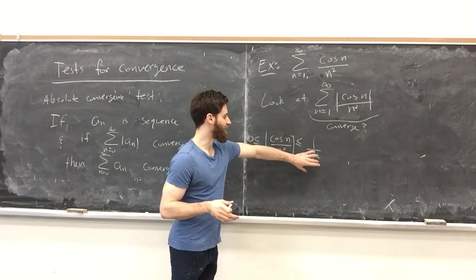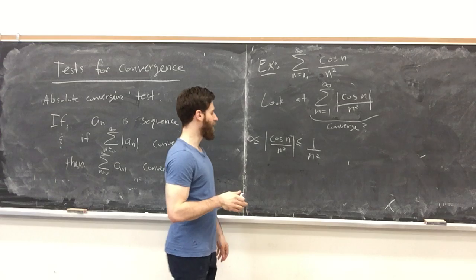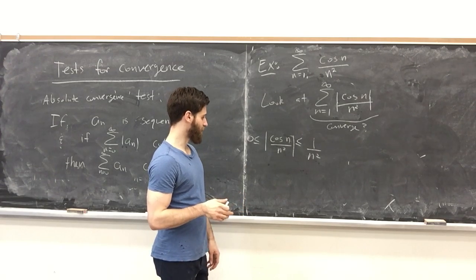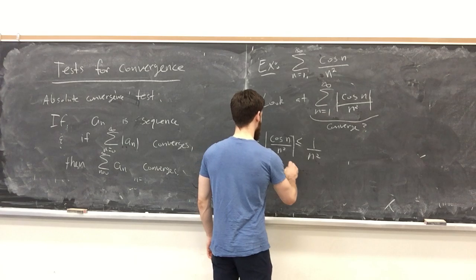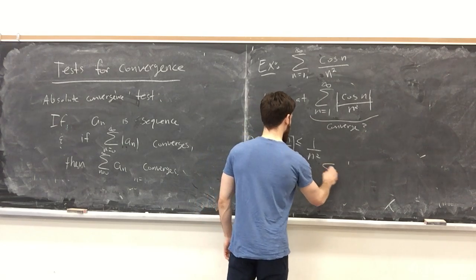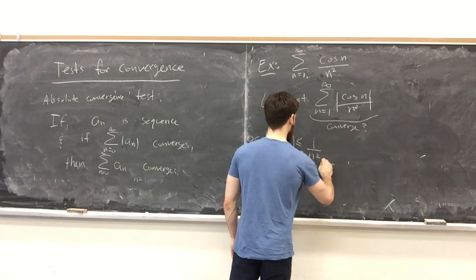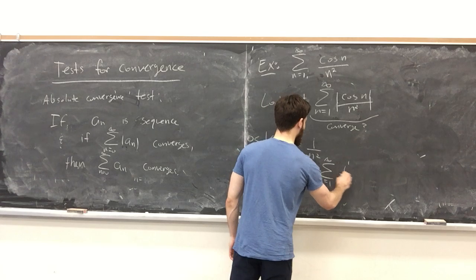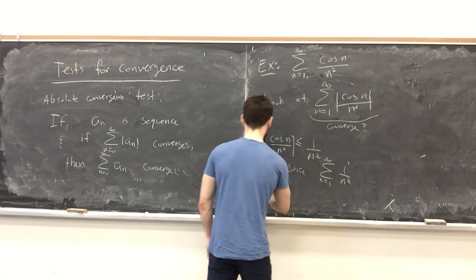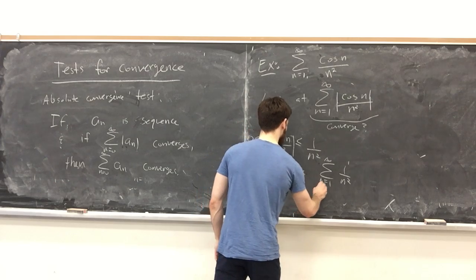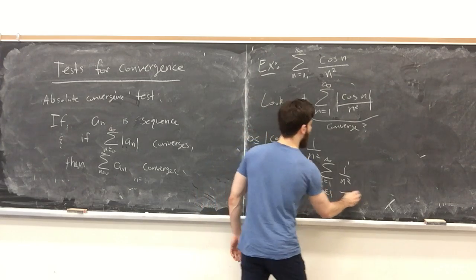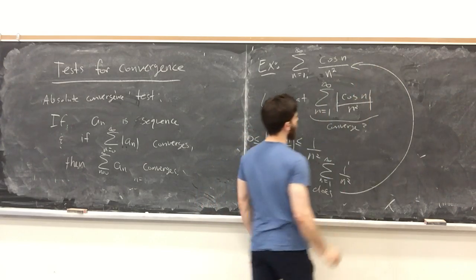Therefore, since the infinite sum from n equals 1 to infinity of 1 over n squared converges, so does this sum.